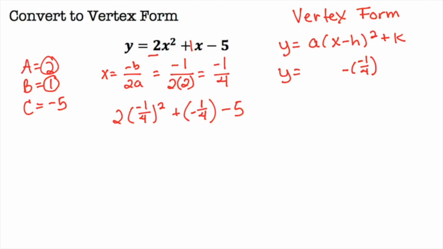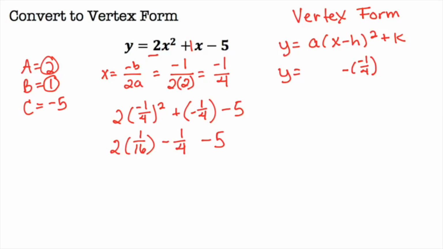So when you multiply negative 1/4 squared, you get 1/16. So that is 2 times 1/16 plus, and then this is plus a negative. So actually we could just write it as minus 1/4. And then we have minus 5.